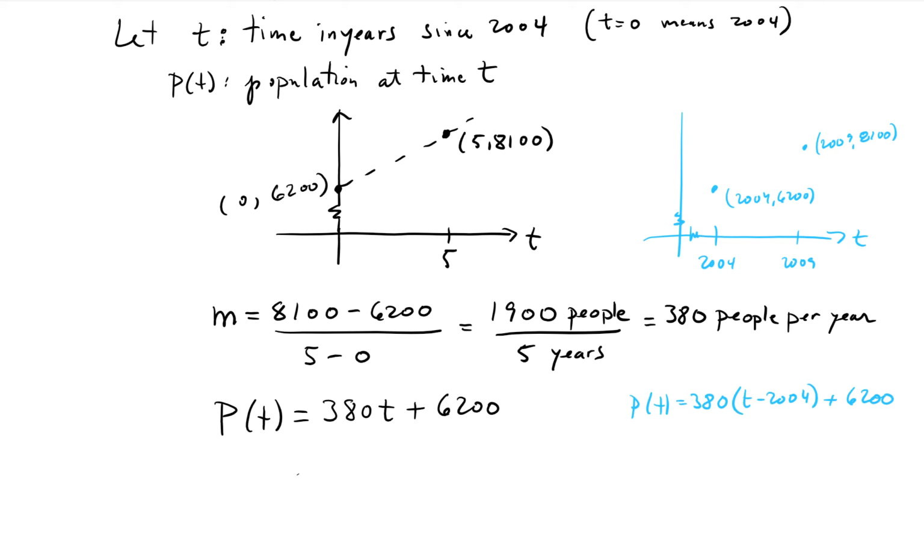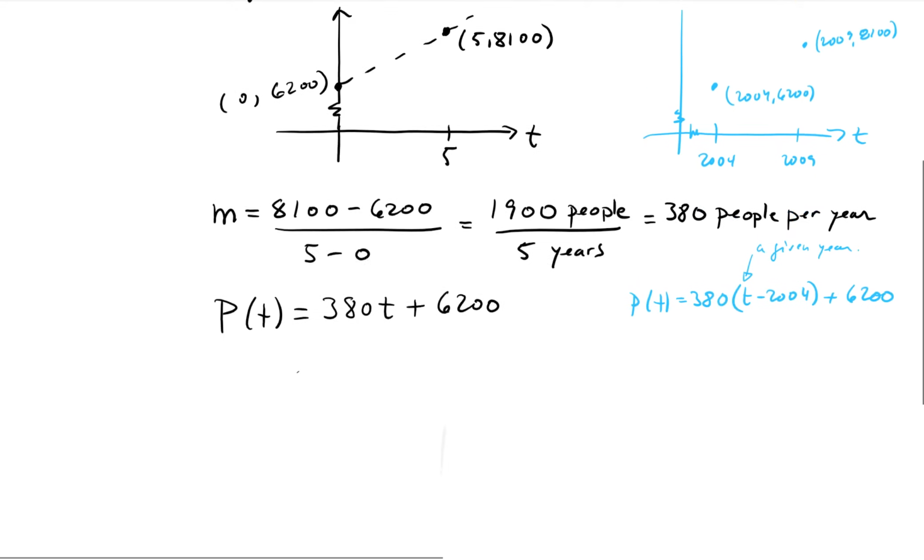So that's if t is actually a year, a given year, and not the number of years that have passed since 2004, which is what I've chosen. So both are good. It's just that you have to be careful that you're not going to get the exact same model in that situation. So I'm going to keep going with what I chose.